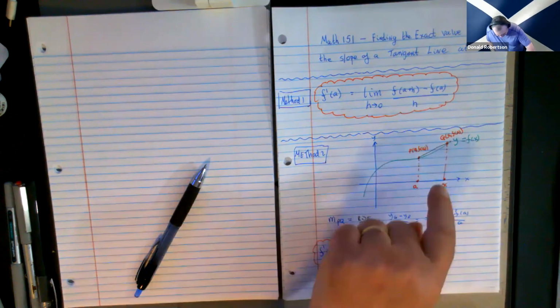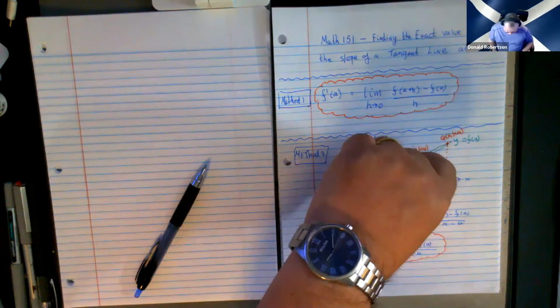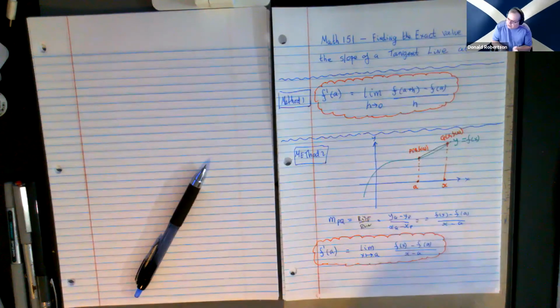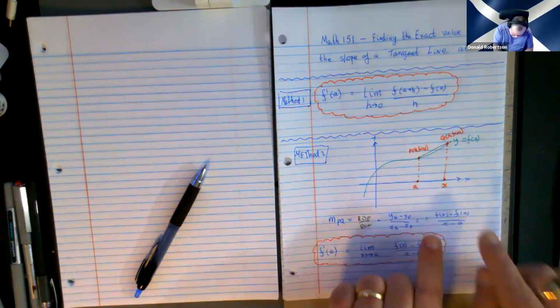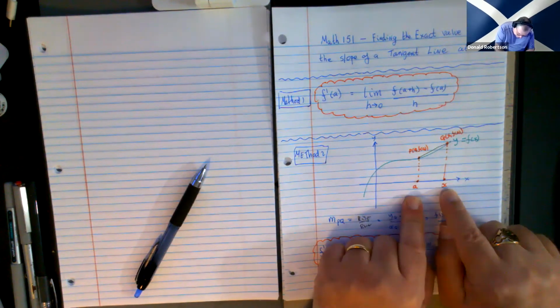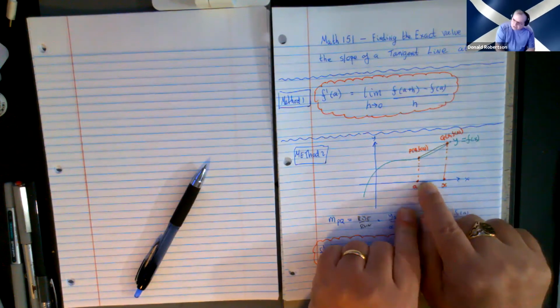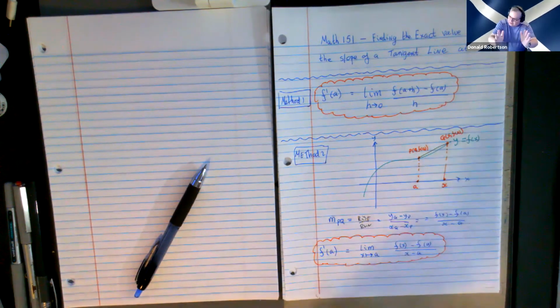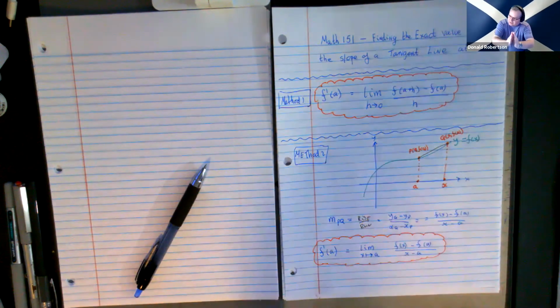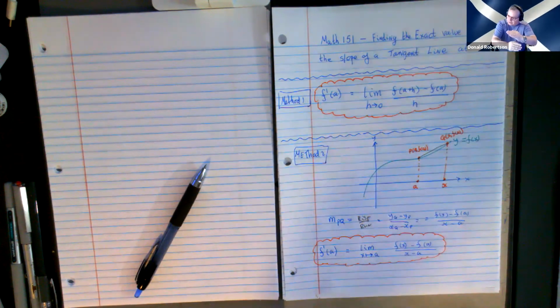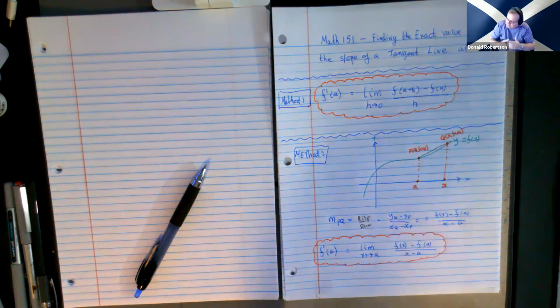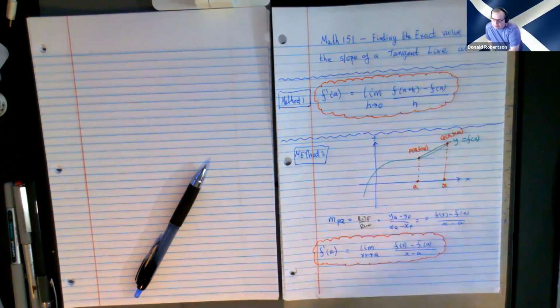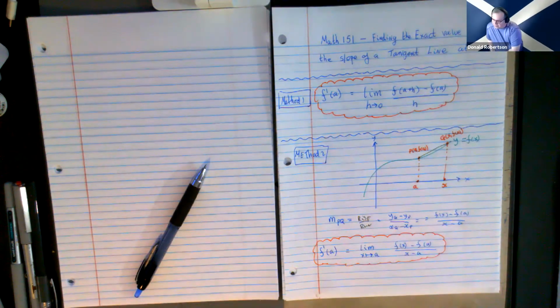Now, can you imagine the secant line joining P to Q is really not that good an estimate? But what's going to happen if x gets closer and closer and closer to a? Just like we did the last time, they come together. Now, when P and Q come together, isn't the slope of PQ going to essentially become the same number as the tangent line?